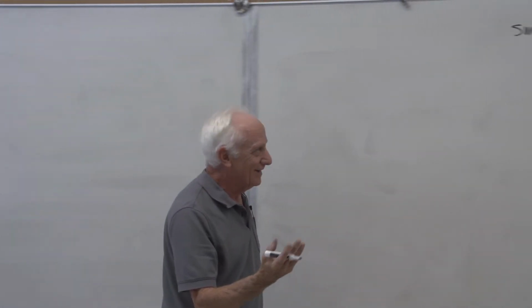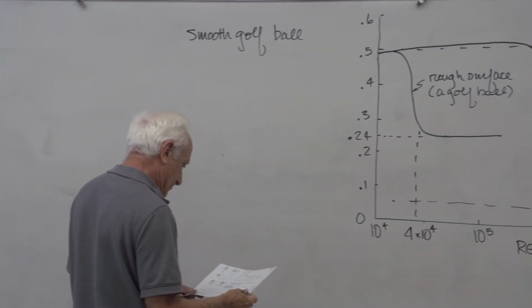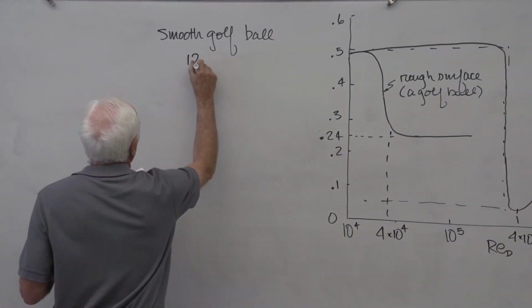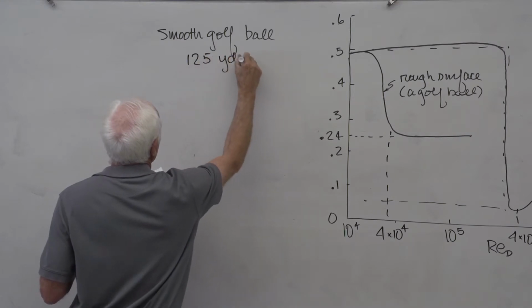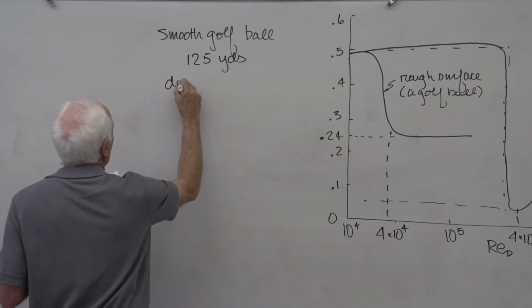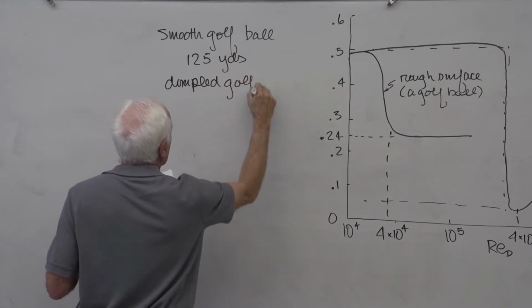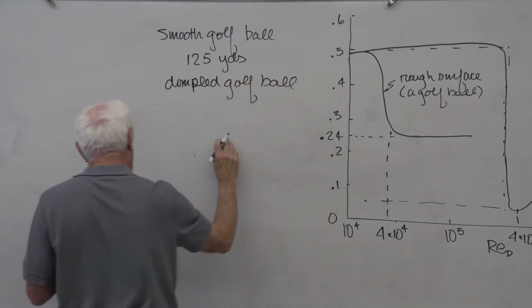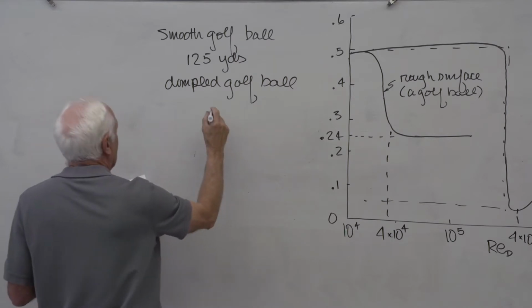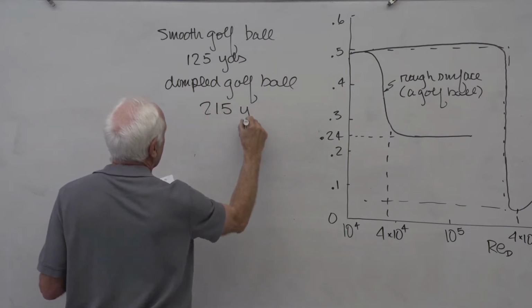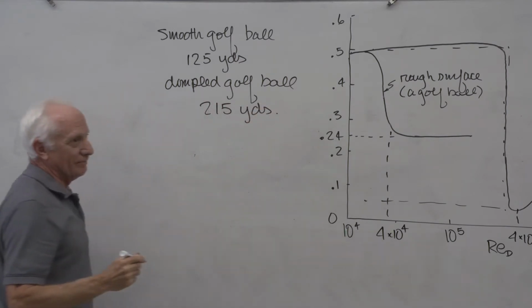That's what they did, okay. Smooth golf ball, 125 yards. Dimple golf ball, 215 yards. It's not insignificant.